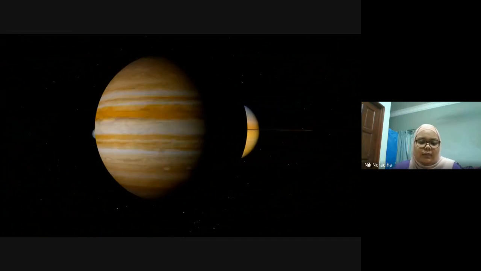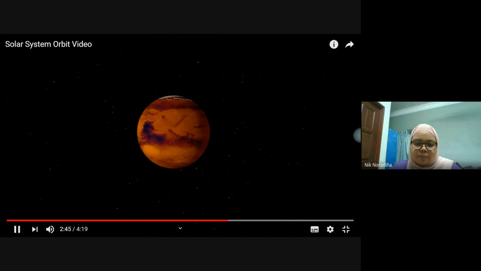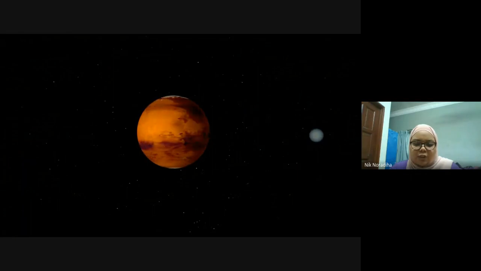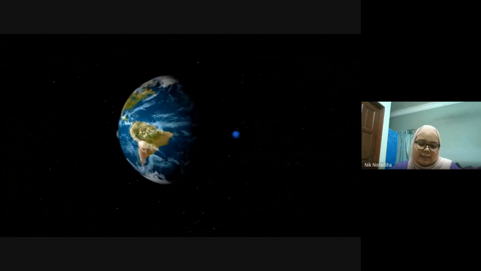Okay, while revolving around the sun, each planet is also rotating on its own axis. Each of them has their own path so that they won't collide with each other.